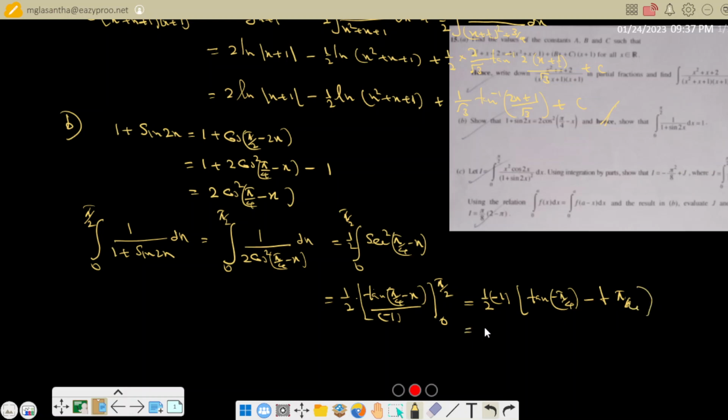So this equals half into minus 1 into minus 1 minus 1. So this equals 1. Therefore, the integral from 0 to pi by 2 of 1 over 1 plus sine 2x dx equals 1.